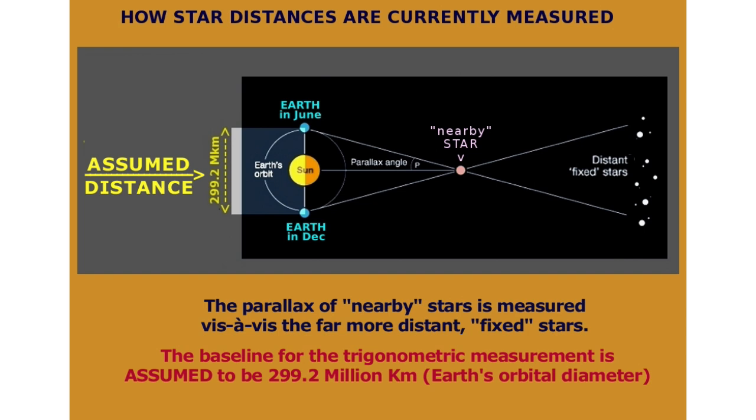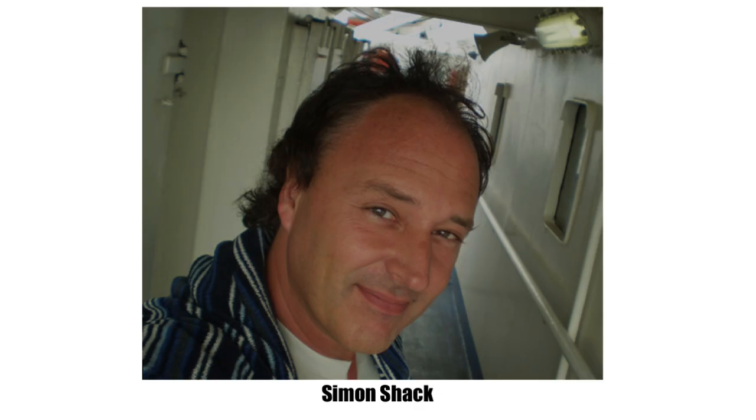And so stellar parallax in astronomy is the practice of measuring the movement of these nearby stars, and it's always assumed, of course, that we are moving around the sun counterclockwise.